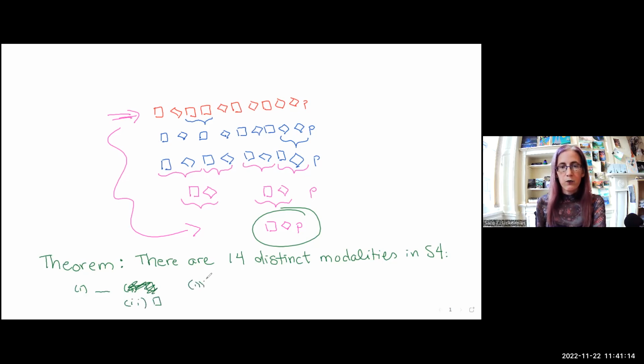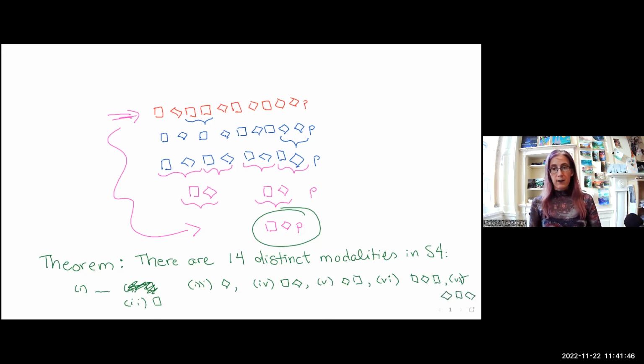The third one is the diamond. The fourth one is box diamond. The fifth is diamond box. The sixth is box diamond box. And the seventh is diamond box diamond.